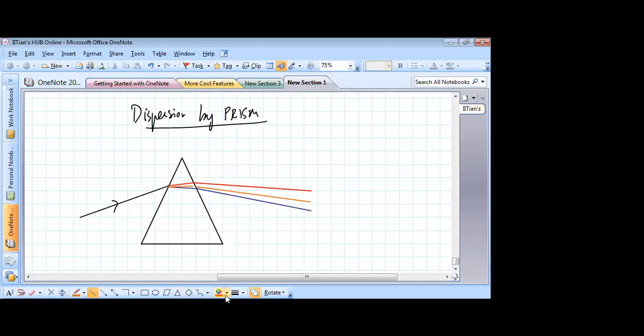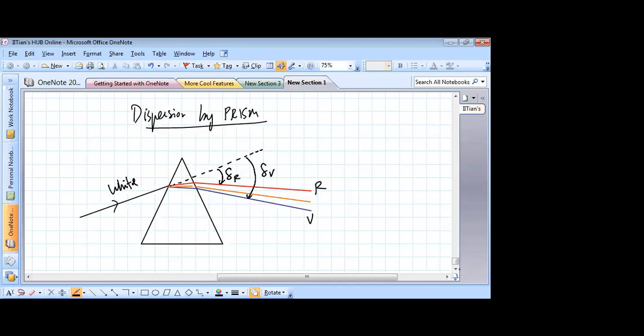Right, so if white light is incident like this, this is the phenomenon of dispersion that you can see. Now if we produce the incident white light beam forward, then this quantity here is the deviation for red, and this quantity here is the deviation for violet.